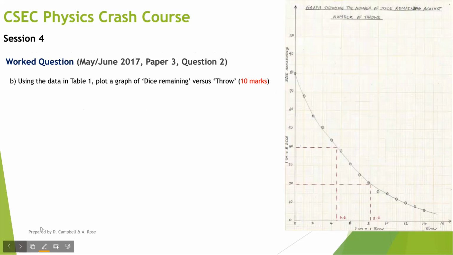You notice that once all the points are plotted, the trend is one of an exponential decay, right? So notice that you would get a smooth curve, which shows that the number of dice remaining decreases exponentially, all right? And this is basically how radioactive decay works.